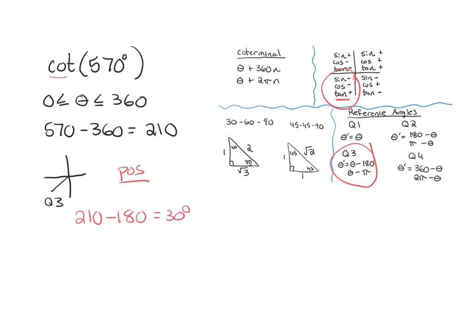So 30 degrees is my reference angle. And if tangent is opposite over adjacent, cotangent is adjacent over opposite. So square root of 3 over 1 is square root of 3, positive.